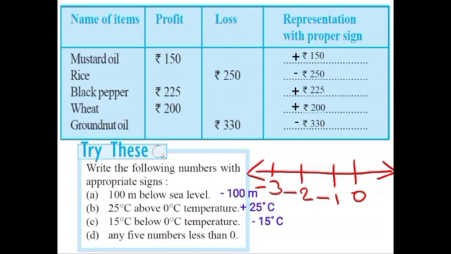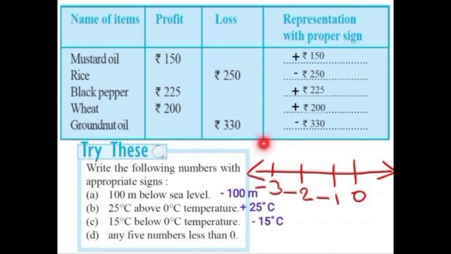Whenever a number is on the right side, it is the greater number, right? So here 0 is the greater number and minus 1 is the smaller number. When comparing minus 1 and 0, 0 is on the right side and minus 1 is on the left side. So 0 is greater. Therefore, minus 1 is less than 0, minus 2 is less than minus 1, and minus 2 is less than 0.